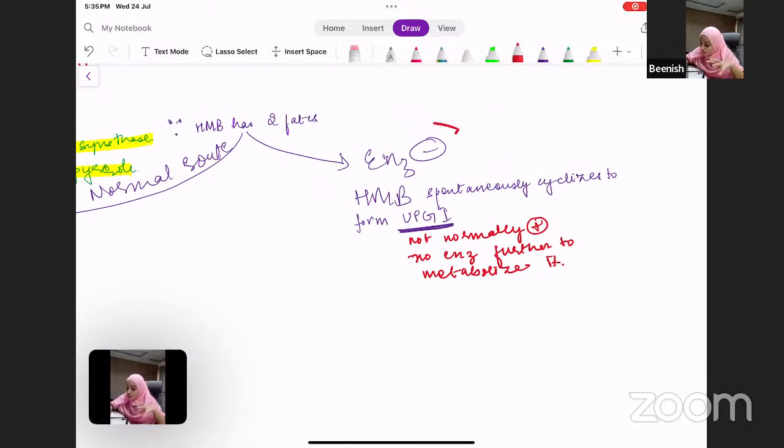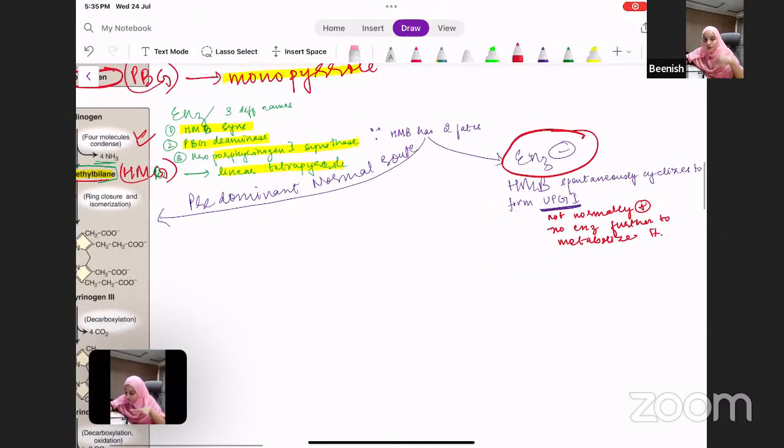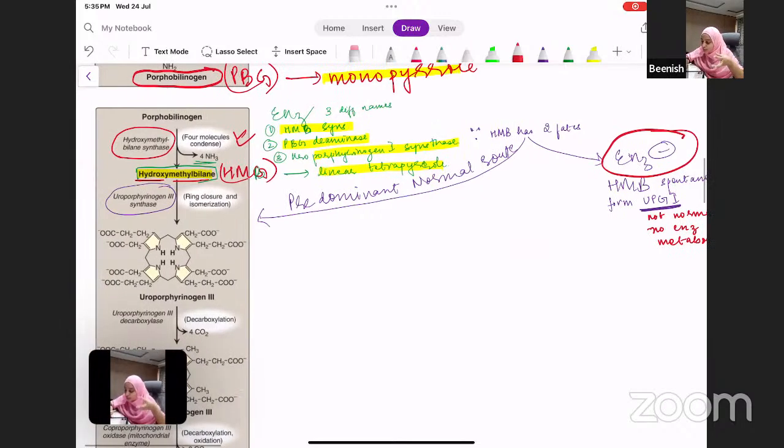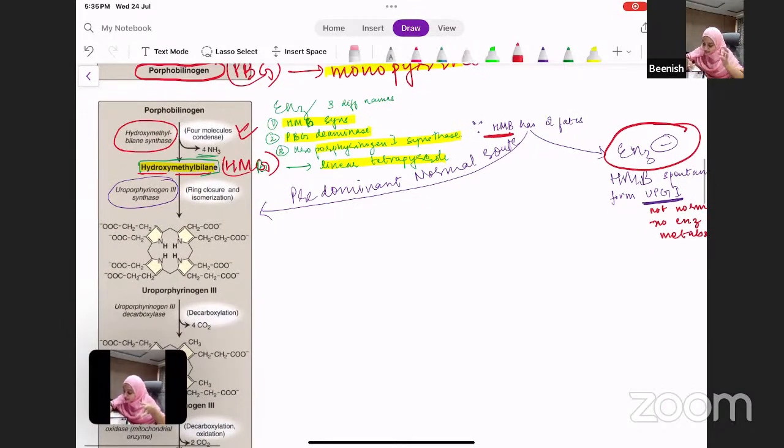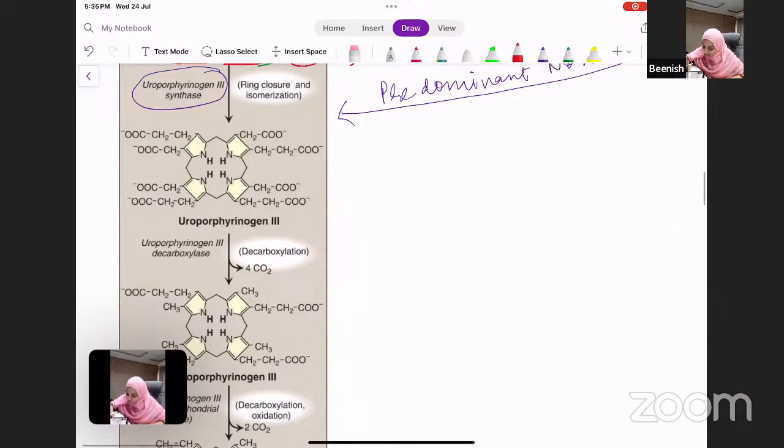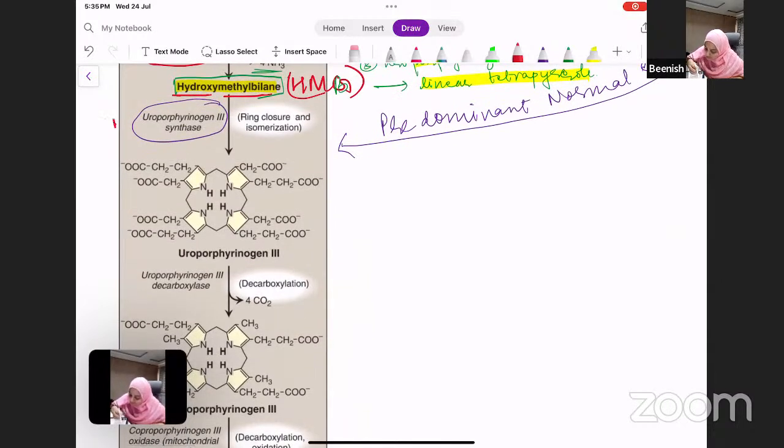But this only takes place when the next enzyme in heme synthesis is absent, which is not true, because it is usually there. So the predominant route of this HMB that is synthesized is that it is acted upon by uroporphyrinogen 3 synthase. What is going to happen? The ring is closed.